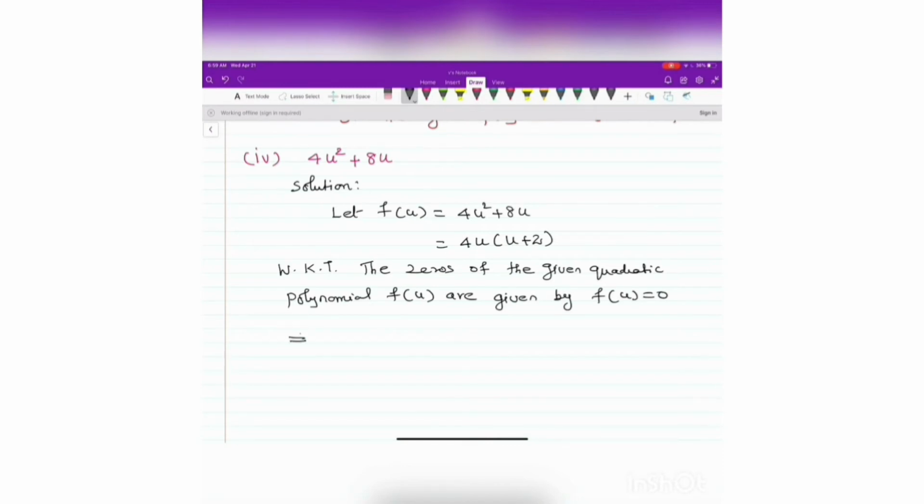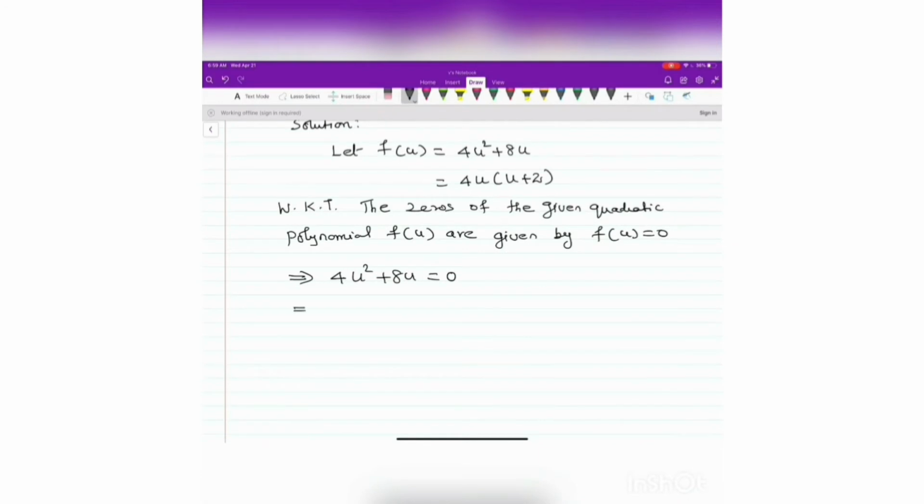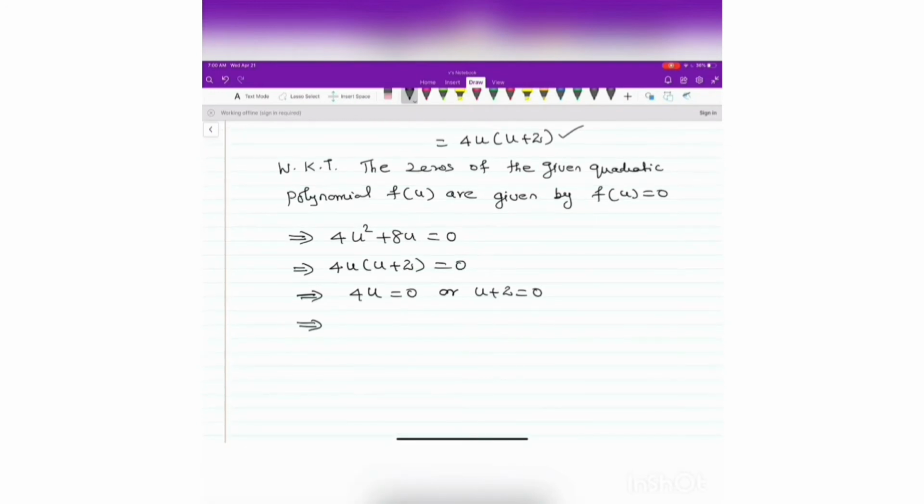This implies 4u square plus 8u should be equal to 0. This implies 4u into u plus 2 should be equal to 0, because that is what we got over here. This will give you 4u equal to 0 or u plus 2 equal to 0. That is u equal to 0 or u equal to minus 2. So now you got the zeros of the given polynomial.